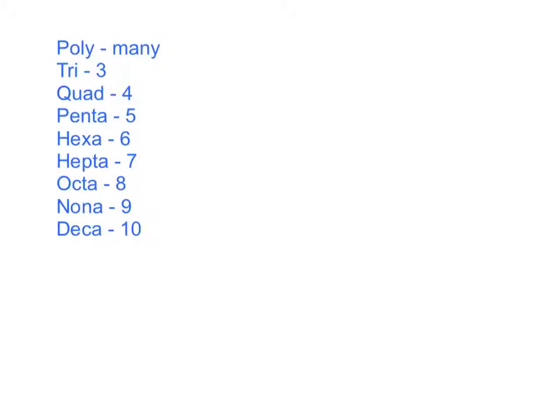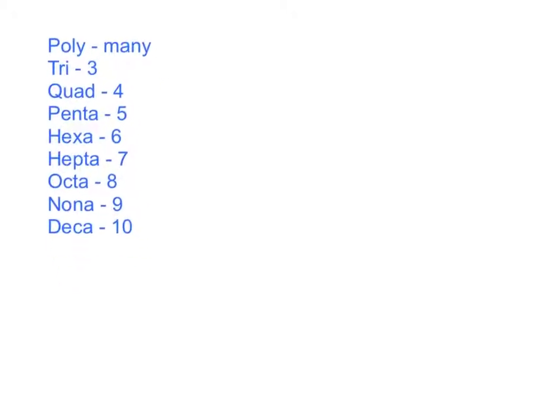Another thing that we talked about was with polygons, they have different names. So if a polygon has 5 sides, 1, 2, 3, 4, 5, we use the word penta, which means 5.